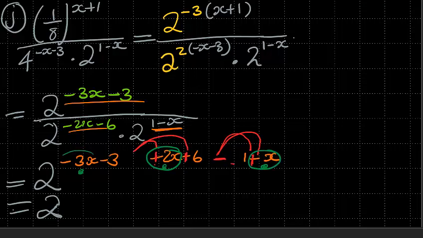I've got plus 3 and minus 3, and that gives me 0. So all my x's are gone. Now I'm going to look at my numbers. Minus 3 minus 1 is minus 4, plus 6. 6 minus 4 is going to be 2. My answer is 2 squared, which is equal to 4, and that's my final answer.